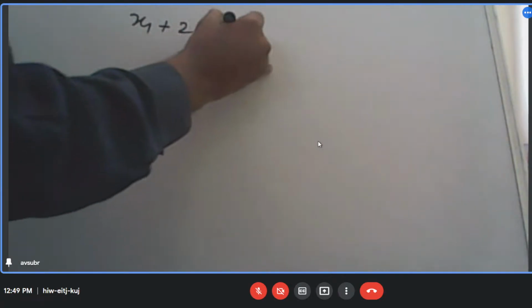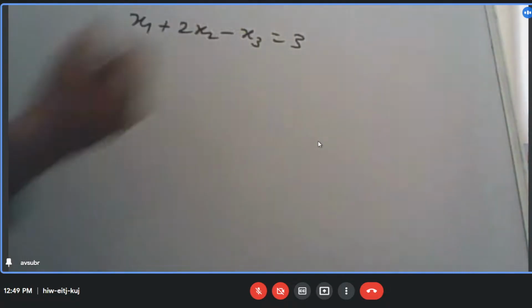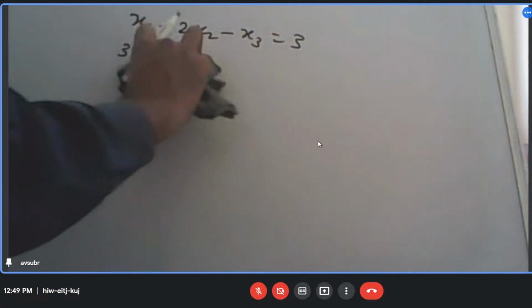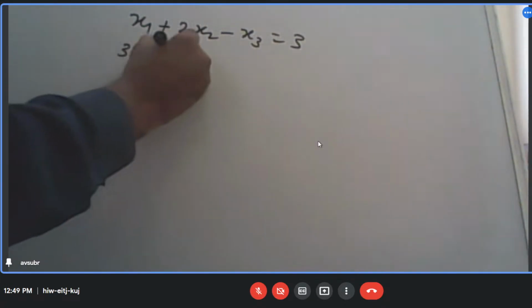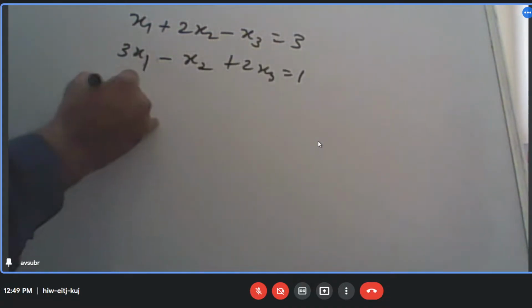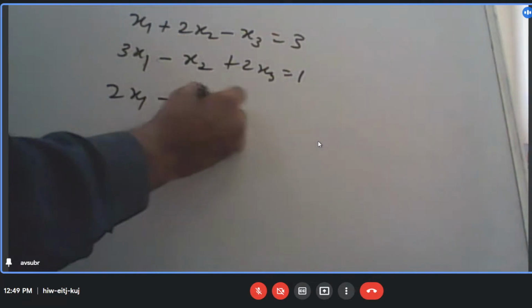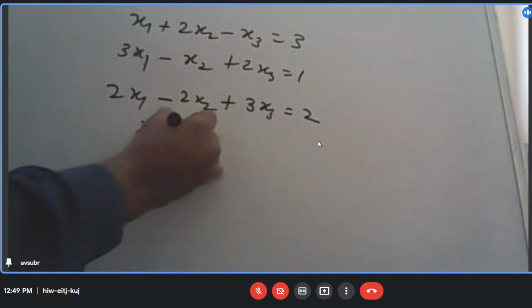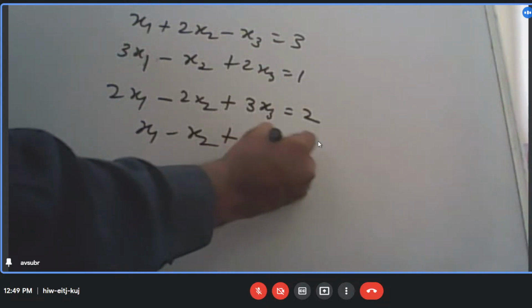So we have to examine a system. Write: x1 plus 2x2 minus x3 is equal to 3, 3x1 minus x2 plus 2x3 is equal to 1, 2x1 minus 2x2 plus 3x3 is equal to 2, x1 minus x2 plus x3 is equal to minus 1.